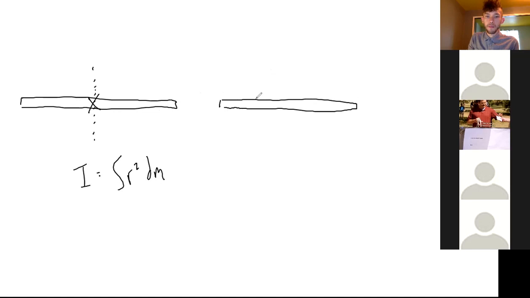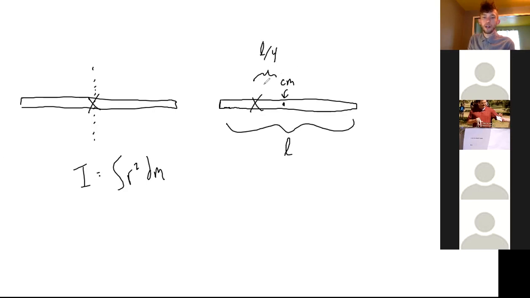Maybe I wanted to find the I value right here, which is, if this here is the center of mass of the object, maybe I'm halfway between the end and the center of mass now. So if this whole thing had a length L, this would be a distance of L over 4 right here.